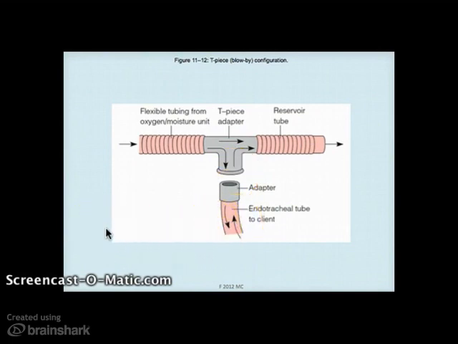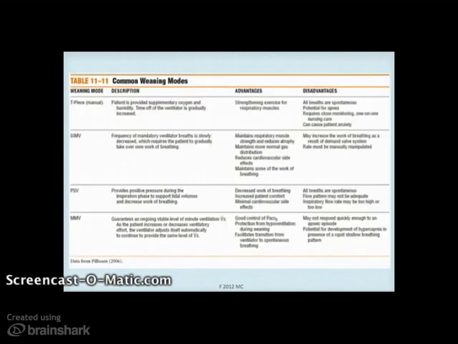Patients are sometimes quickly weaned using a T-piece, but you usually will see this done in the PACU. Or you'll see a T-piece used right after they finish a whole weaning protocol and they're just about to extubate the patient and want to make absolutely sure that the patient can breathe on their own. So these are some common weaning modes, but I'm only going to really talk about the SIMV.